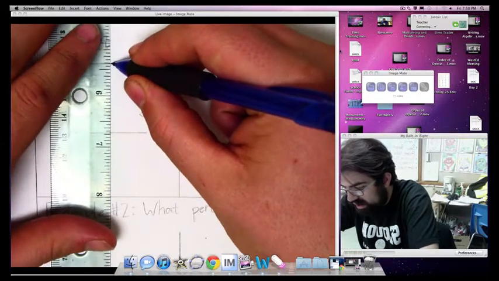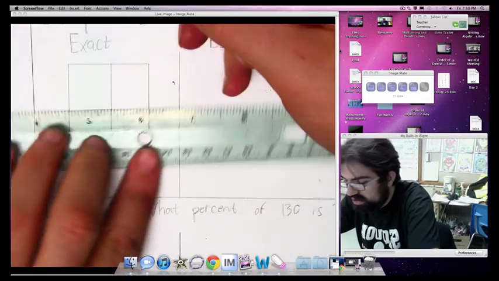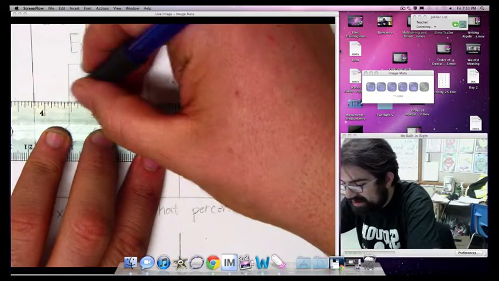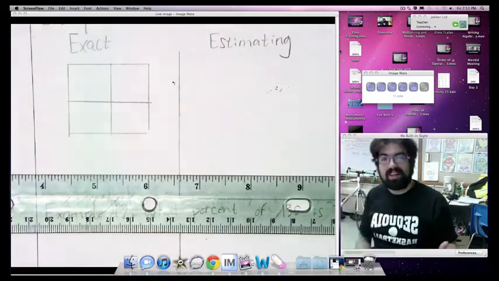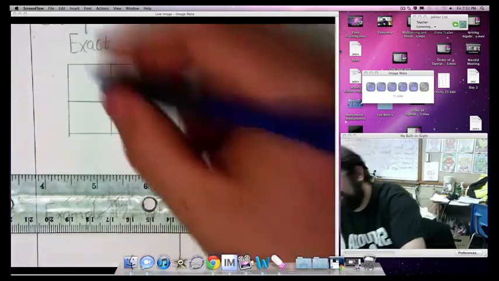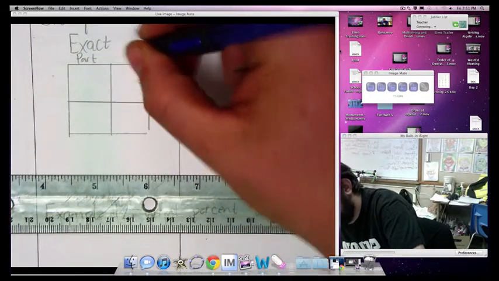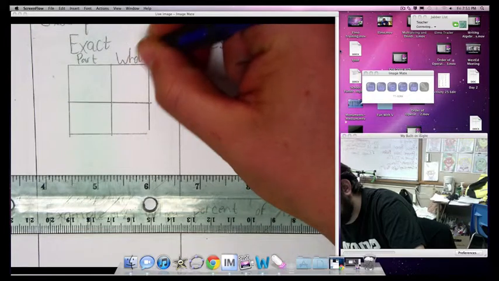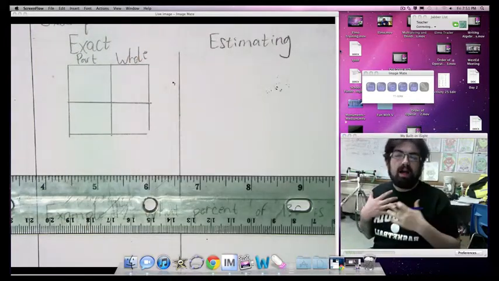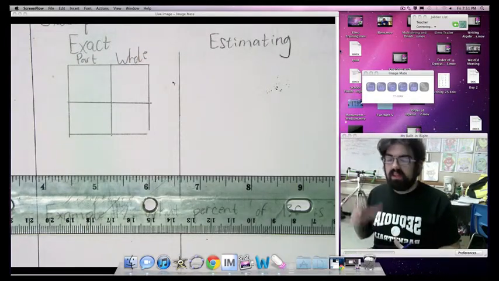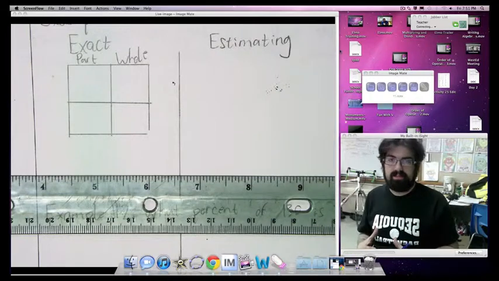Notice I'm using a ruler. What a great idea to have some straight lines. Okay, here's the first part. Part, whole. In the first column, I want to make a ratio that is representing the part.